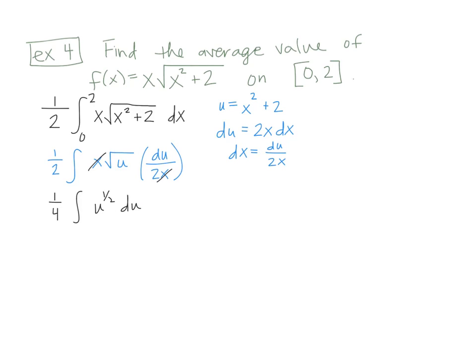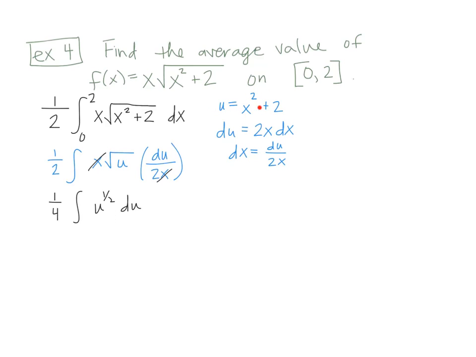All right, now I want to rewrite my limits of integration in terms of u. Again, you don't have to do this. If you want to just write x equals 0 here and x equals 2, that's okay. But I'm just going to rewrite them in terms of u. So when we do that, if x was 0, what's u? Well, I plug in 0 here.